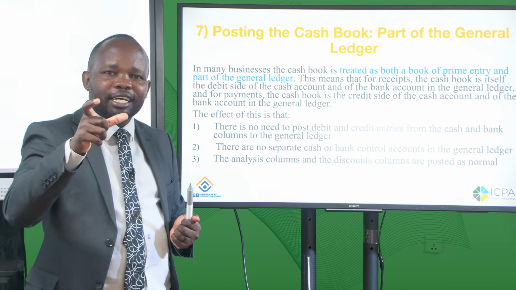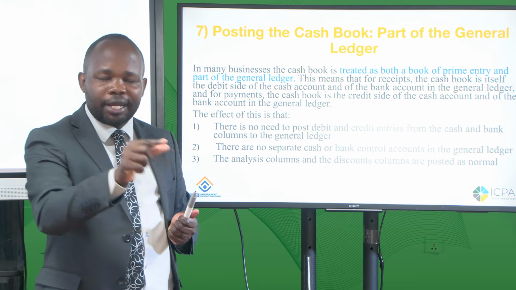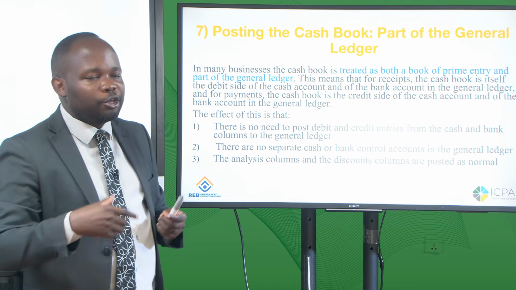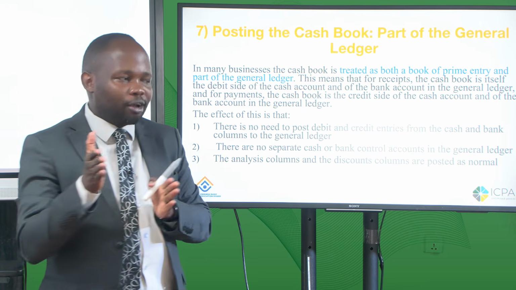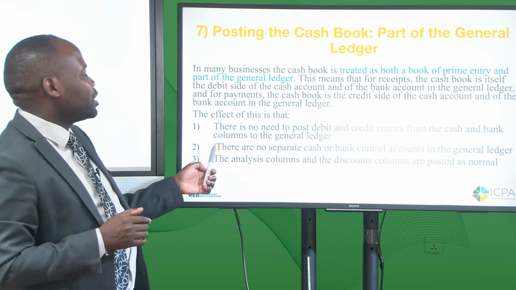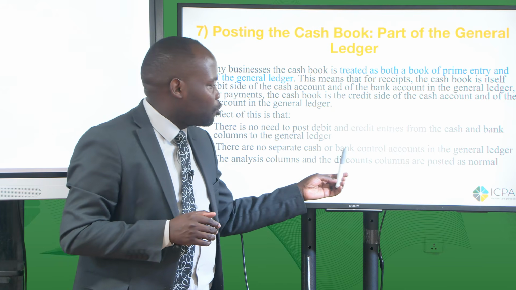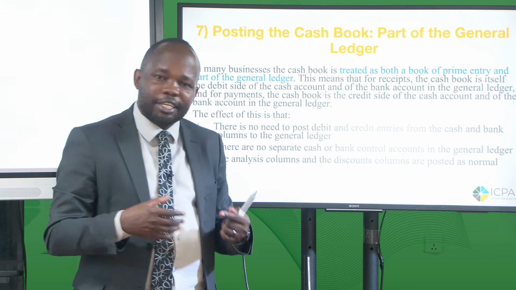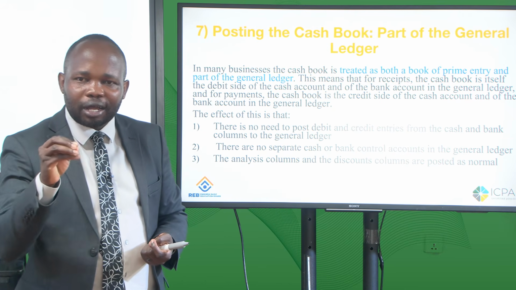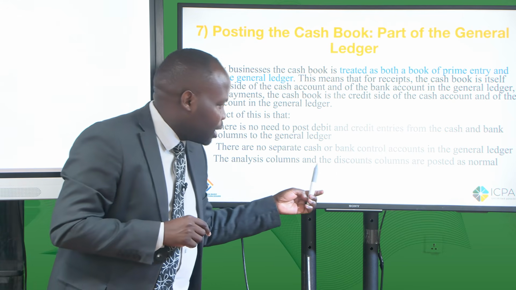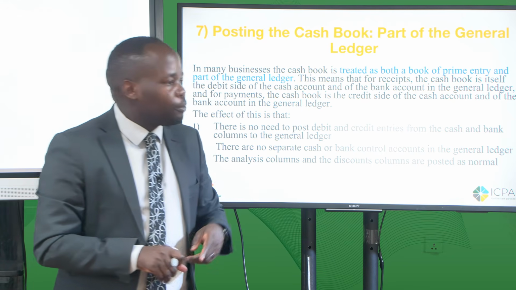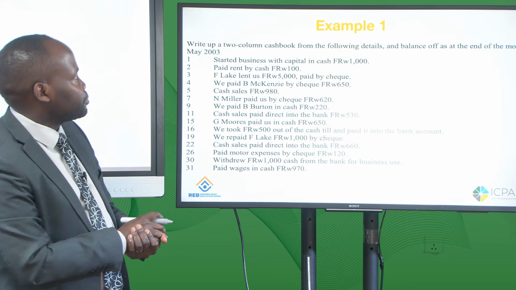So if you are treating it as both a book of prime entry and part of the general ledger, you don't need to make a posting from the cash book to the general ledger. Number two, there are no separate cash or bank control accounts in the general ledger. We don't need the control accounts in the general ledger. And number three, the analysis column and the discounts column are posted as normal.